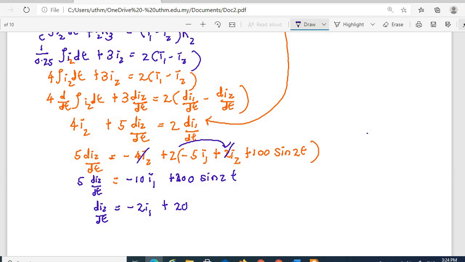So be careful when expanding the bracket, sometimes we forget to multiply. So it's 200 divided by 5, so we have 40 sin 2t.